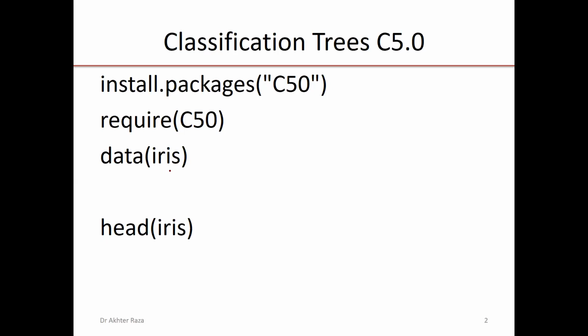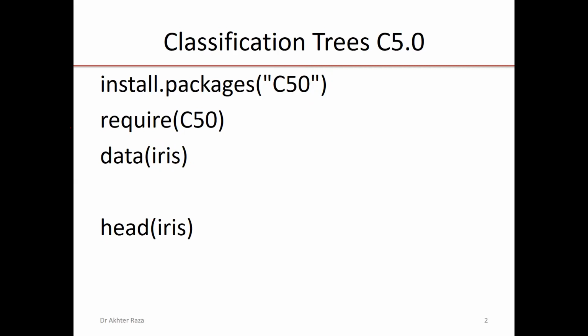Iris is a very popular data set, and in R there is a package named C5.0. This is the algorithm C5.0, and this algorithm does the classification on the data.